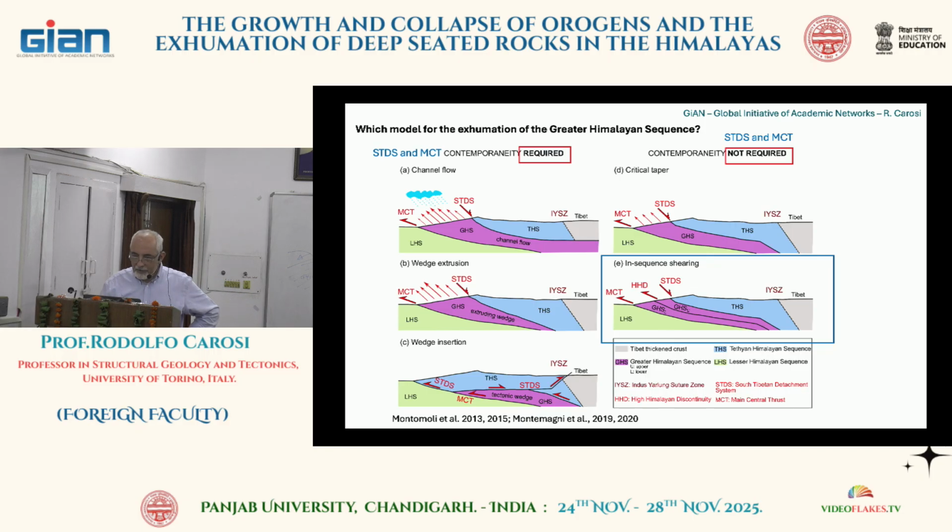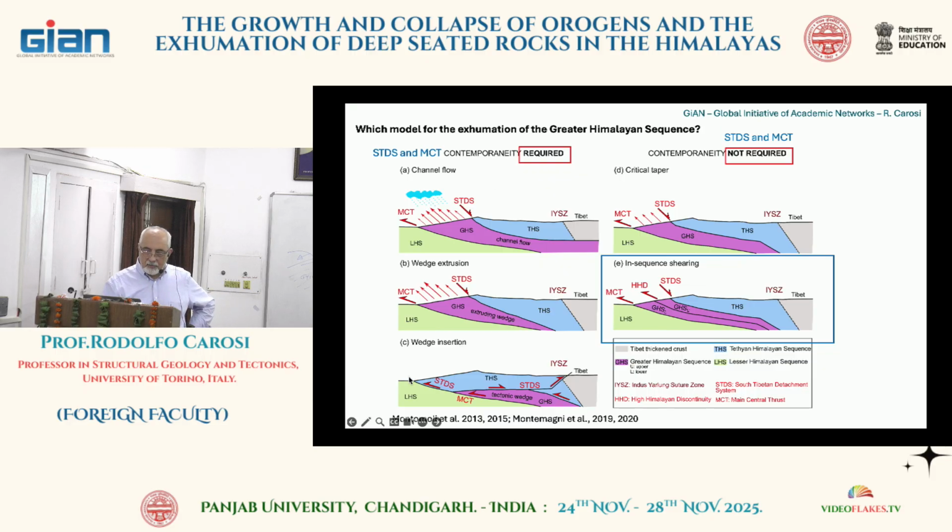So we could give a look to this model. On the left, you have the model that requires the South Tibetan detachment and main central thrust to be contemporaneous: channel flow, wedge extrusion, and wedge insertion.